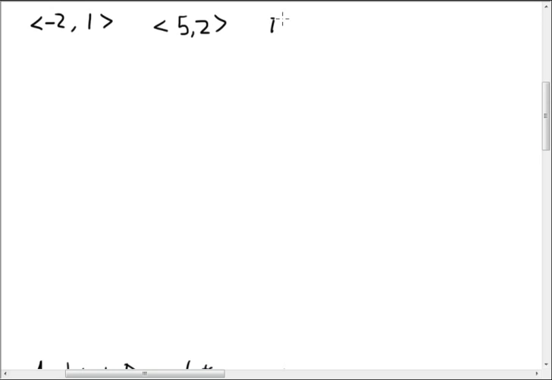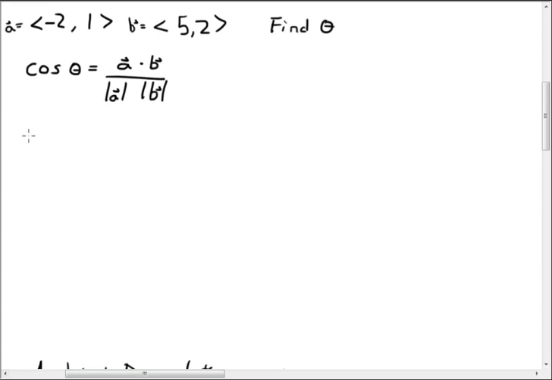So find the angle, and I'll abbreviate angle as theta. Well, we remember that cosine of theta is equal to the dot product. We'll call this A here, and this one B. A dot B over the magnitude of A times the magnitude of B.